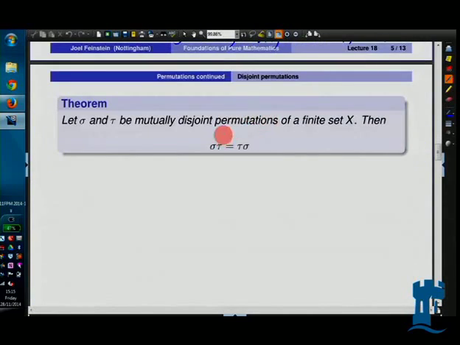Now, suppose you've got mutually disjoint permutations on a finite set. I'm going to prove, and it works for infinite sets as well, that they multiply correctly either way around. So we set A to be, slightly different this time, those x in X for which sigma of x is not equal to x.